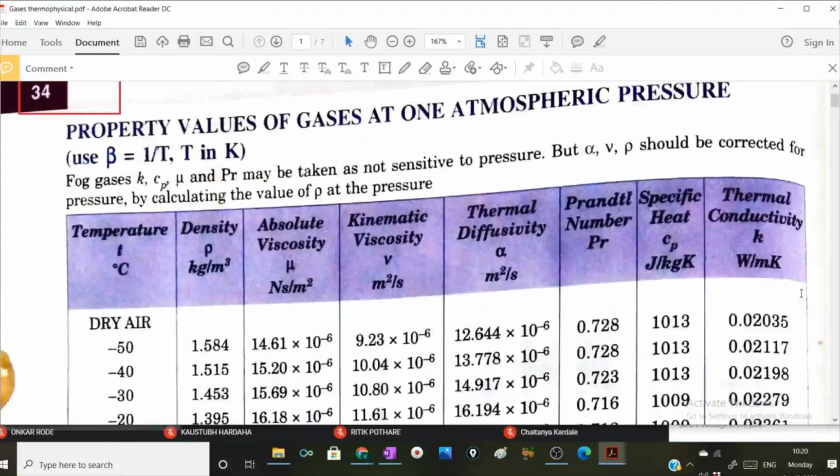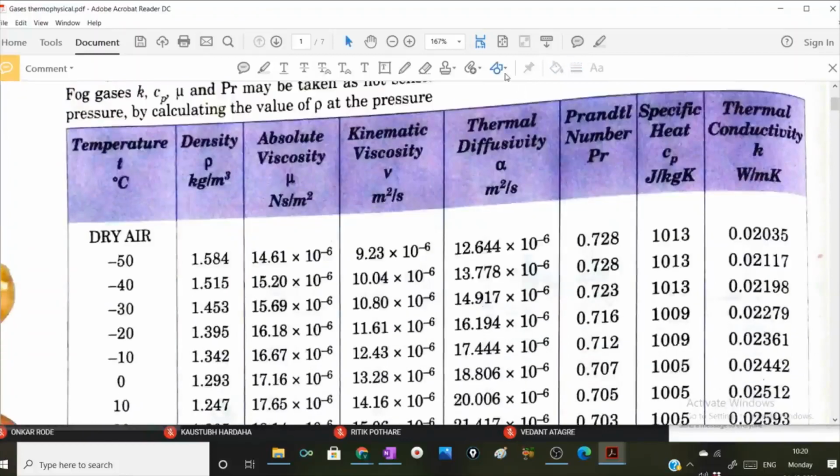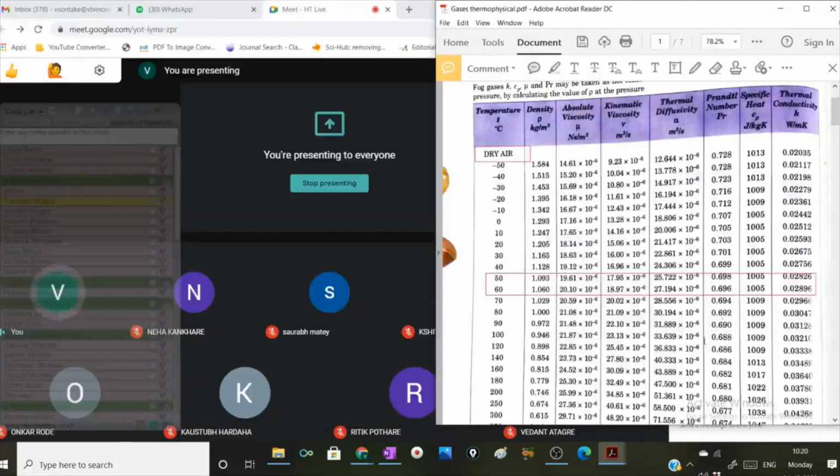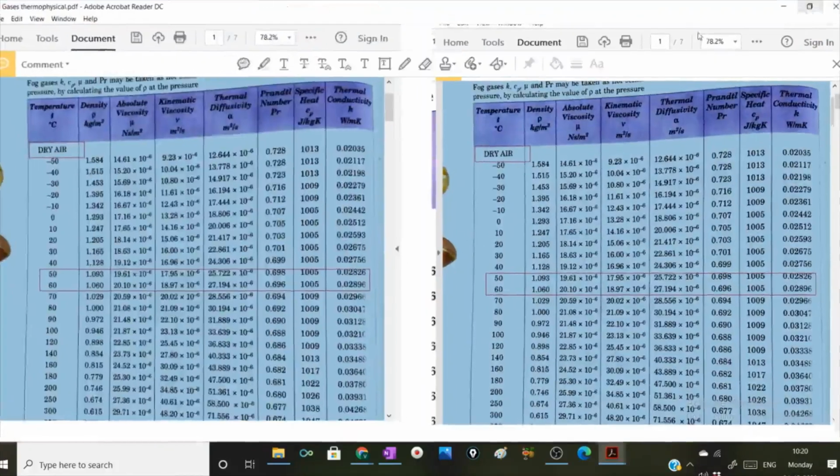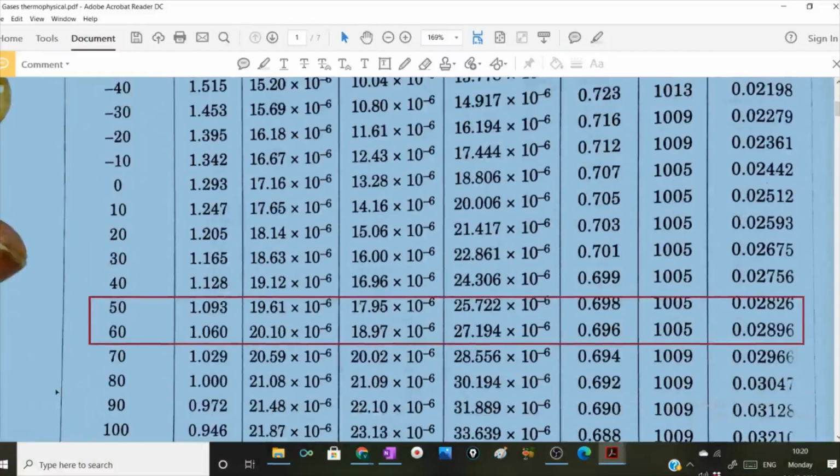So on page number 34, for dry air. Why am I taking dry air? Because the plate is exposed to the room, that is, it is filled with air. And between 50 and 60 degrees Celsius, the reference temperature 52 degrees Celsius is lying, so you can calculate thermophysical properties.